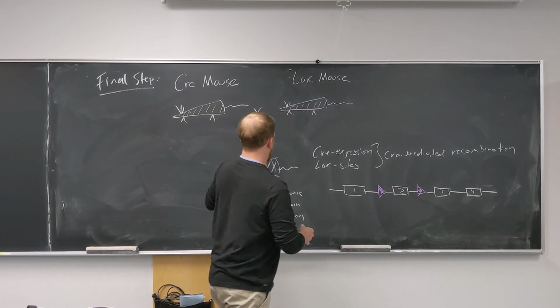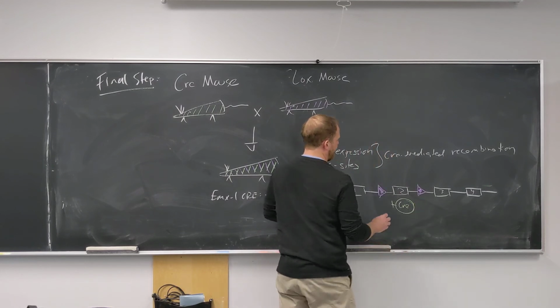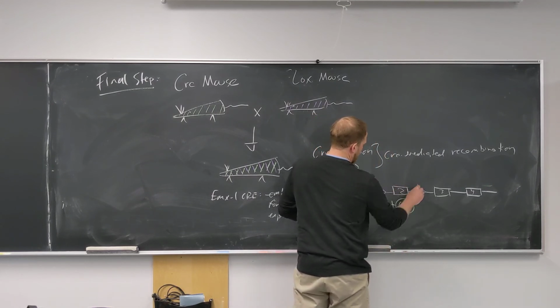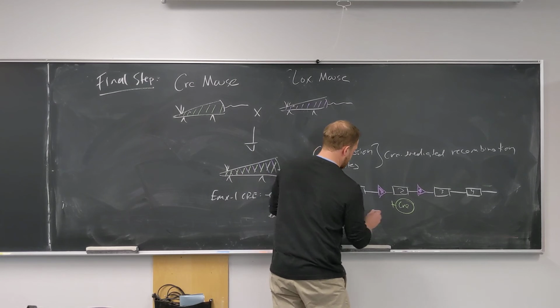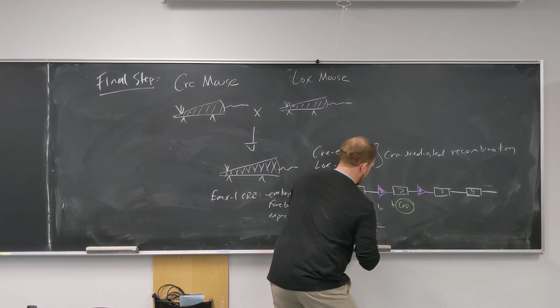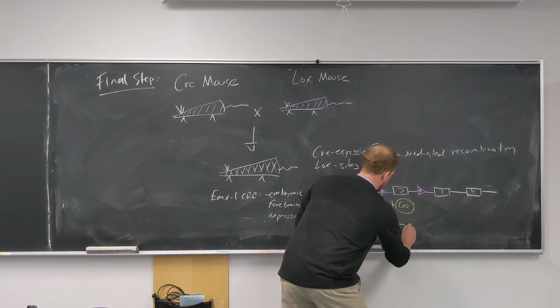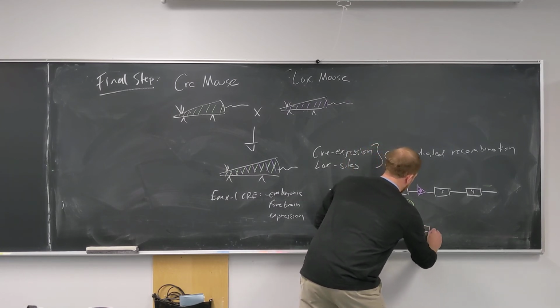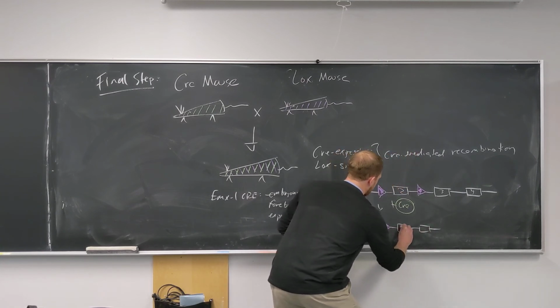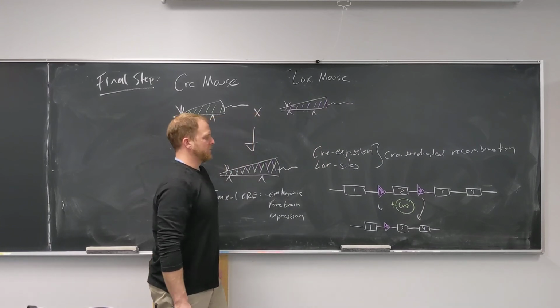Okay. You breed them together, we get Cre expression. It's then going to recombine the DNA in between these two Lox sites. And that results then in a gene that looks like this, a single Lox site, and the elimination of exon 2. Okay.